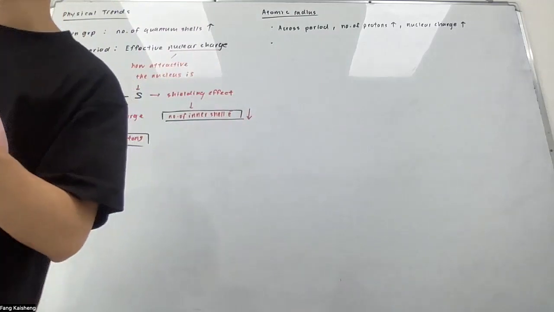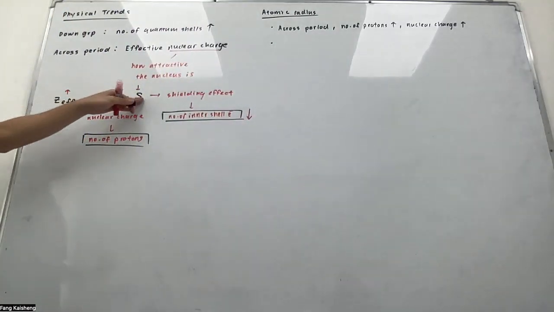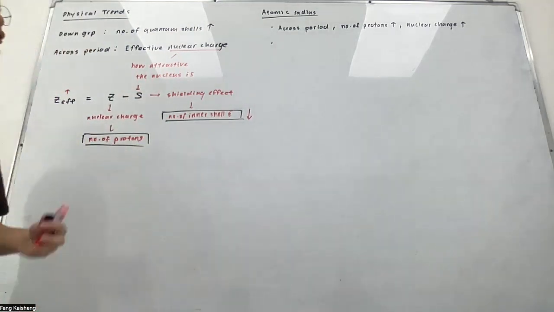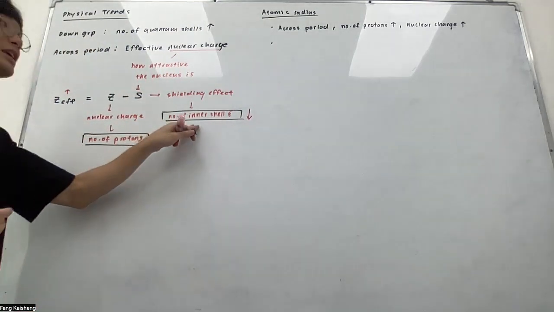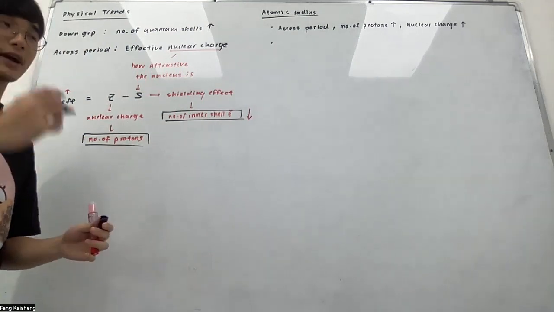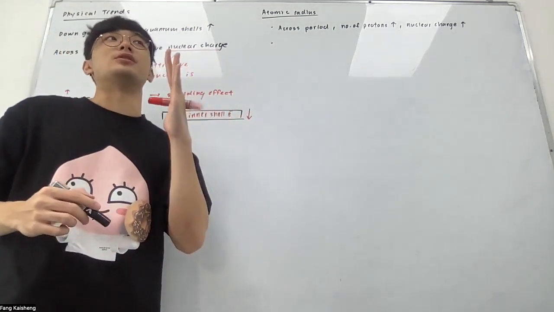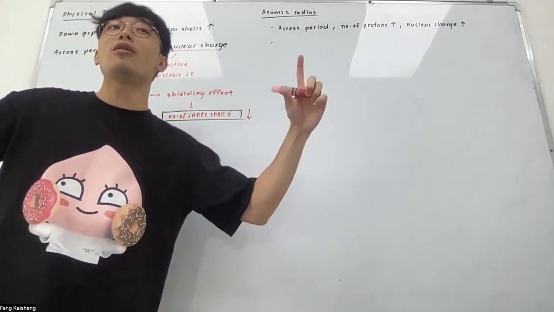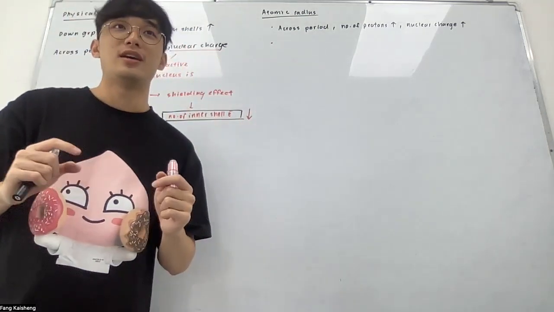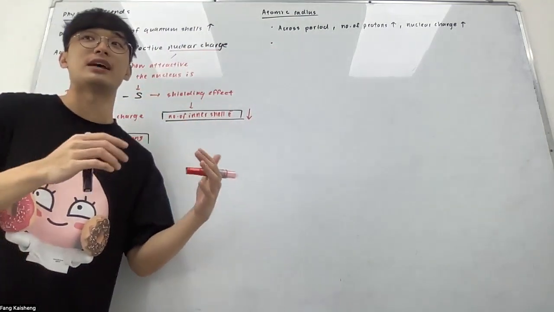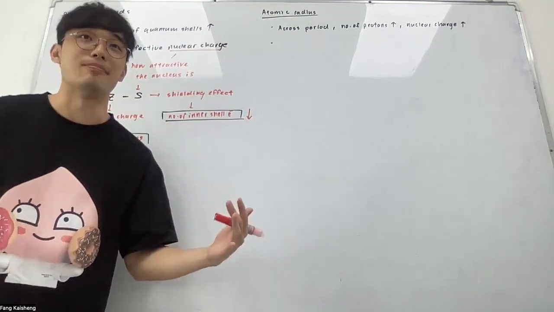If the nuclear charge increases, yes, okay, but we also need to look at the other factor that may affect the nuclear charge. So what happens to the number of inner shell electrons? Now guys, when you go across the period, where are the electrons being added to? The outer shell or the inner shell? You must only add to the outer shell, right? So that implies the inner shell electrons are the same.